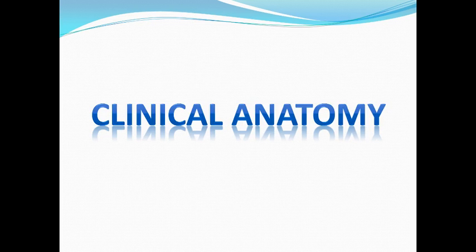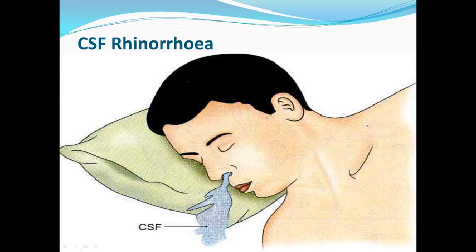Now, talking about the clinical anatomy of the external nose, nasal cavity and nasal septum. First, CSF rhinorrhea, cerebrospinal fluid rhinorrhea. It is caused if there is a fracture in the roof of the nasal cavity, which is formed by the cribriform plate of the ethmoid bone.